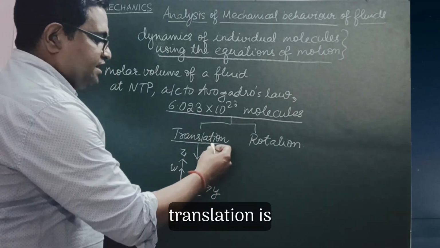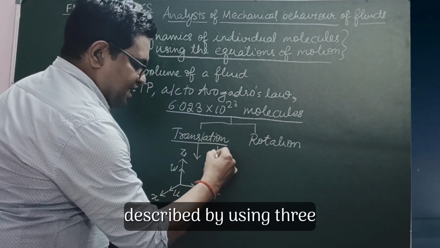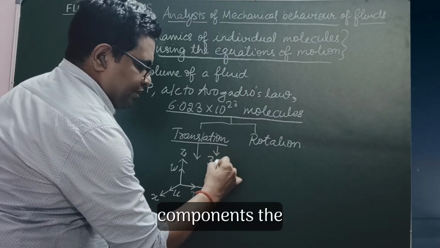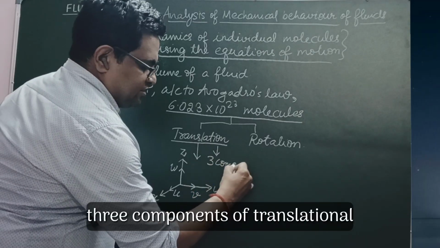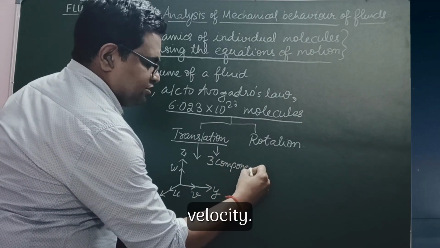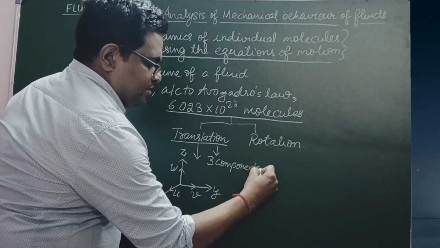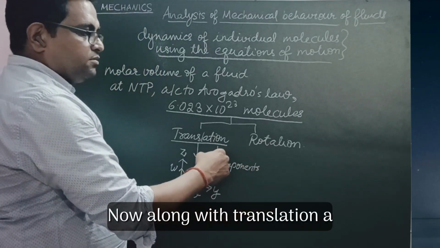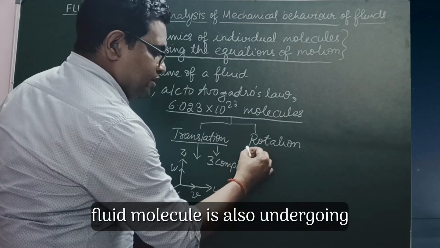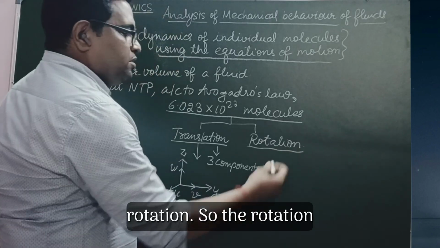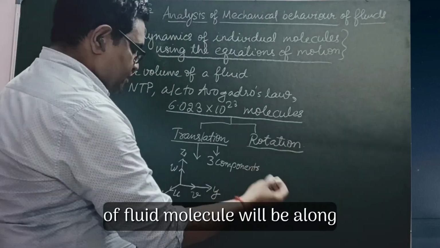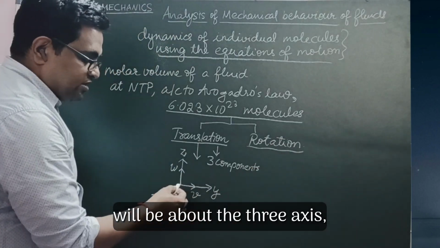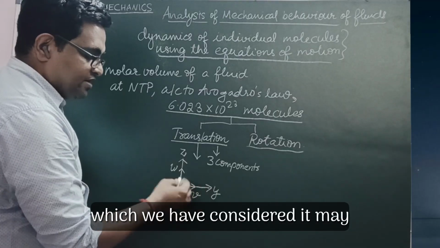So the translation is described by using three components, the three components of translational velocity. Now, along with translation, a fluid molecule is also undergoing rotation. So the rotation of a fluid molecule will be about the three axes which we have considered.